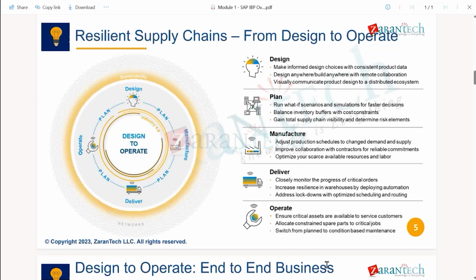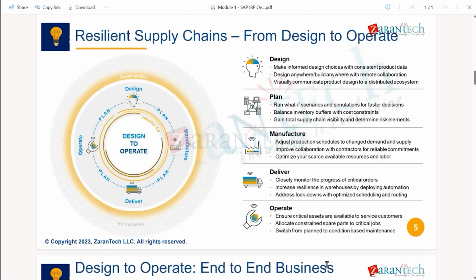Once the product is available and there is a demand from the customer, delivery comes into the picture. The manufacturer or the supplier has to ensure that the product is delivered in a safe manner, in good condition, and on time to the customer.